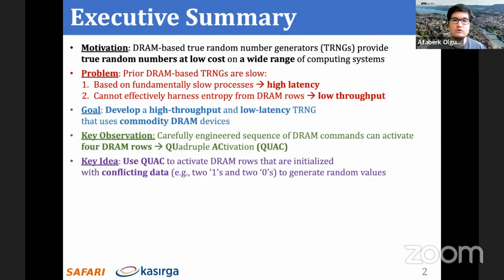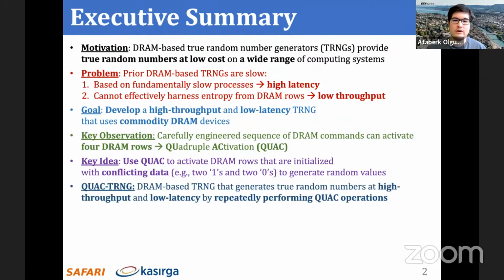Our key idea is to use these operations to simultaneously activate DRAM rows that contain conflicting data to generate random numbers in DRAM sense amplifiers. And we develop QUAC-TRNG, which repeatedly performs these operations and post-processes the results using cryptographic hash functions to generate true random numbers at high throughput and with low latency.